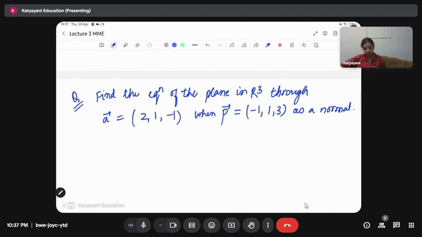This is the type of question they can ask you. Find the equation of the plane in R3 which is passing through the point A and which has P, this minus 1, 1 and 3, as a normal.